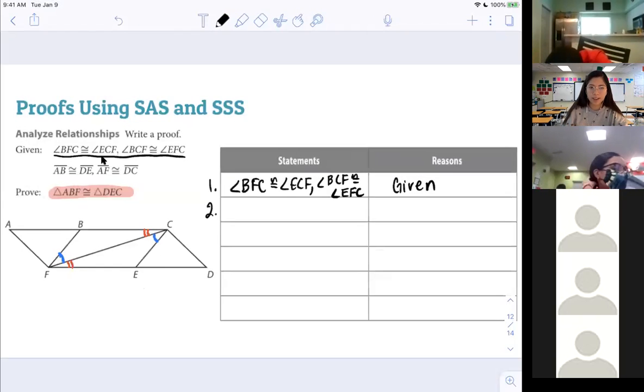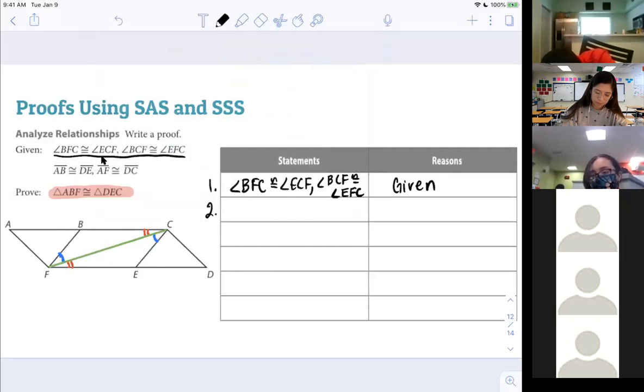So which side is congruent between those two triangles? EC? Wait, EC or FC? FC. And how do I know that? Reflexive property. So guess what, Tyrone? You just gave us the next step.